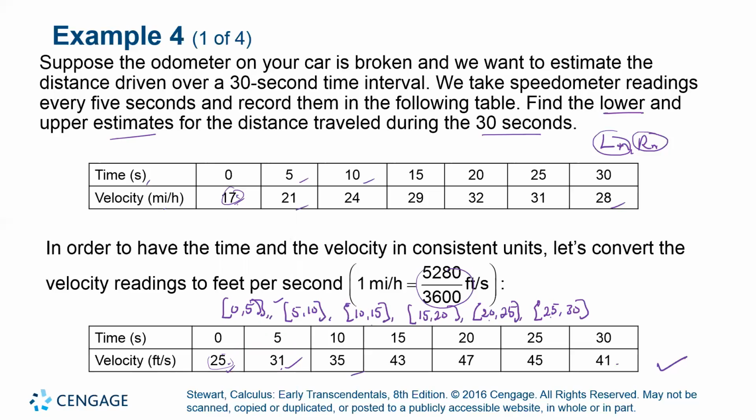Your delta x is 30 minus 0 divided by 6 subintervals, which is 5, so a subinterval every 5 seconds.